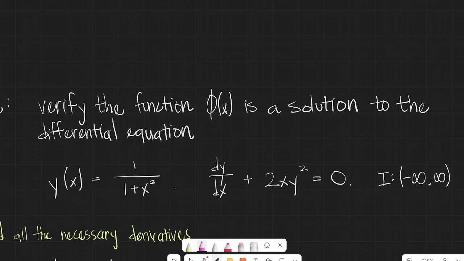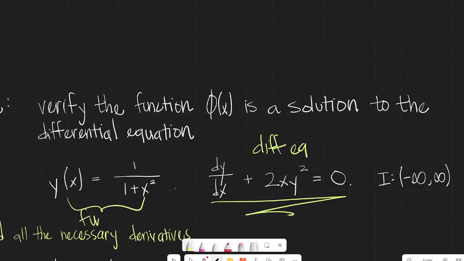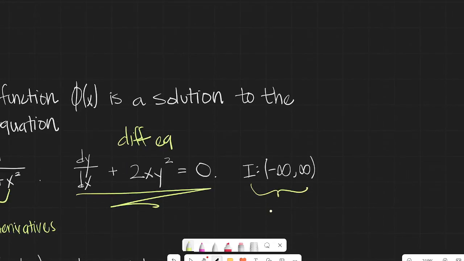We're given the differential equation right here. This is our function, so I'm going to label these. This is the diff EQ. This is the function. And then this is the interval, all real numbers. Okay, so that's typically what you'll be given when it says to just verify.